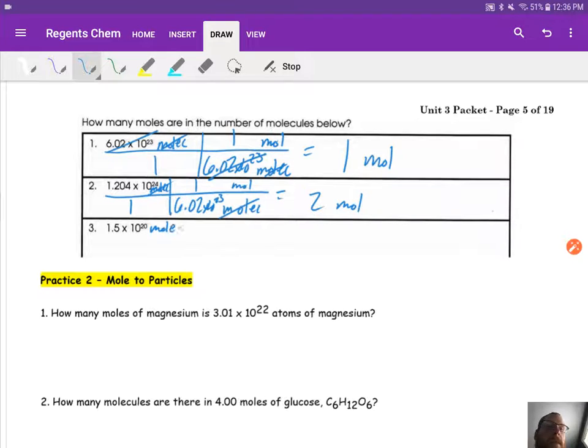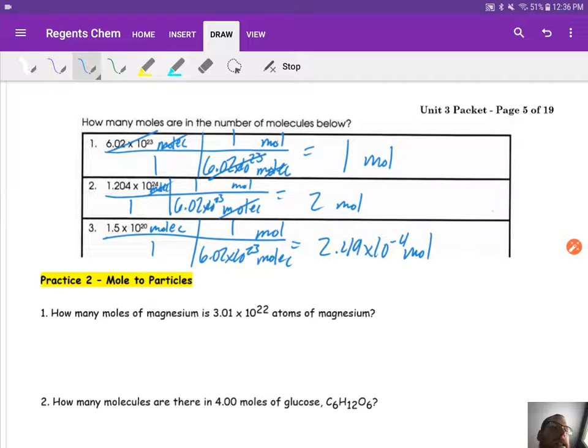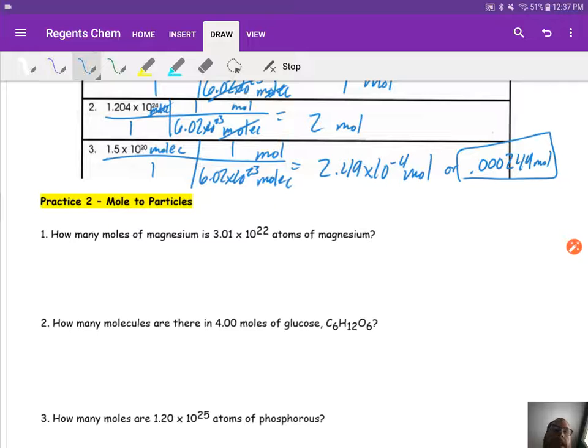Number 3 is a little bit more interesting when we actually plug in the number. 1 mole over 6.02 times 10 to the 23rd. When you do this, you should get 2.49 times 10 to the minus 4th. It did not ask you to put it in scientific notation, so you don't have to. If you did not have it in scientific notation, you would get 0.000249 moles.